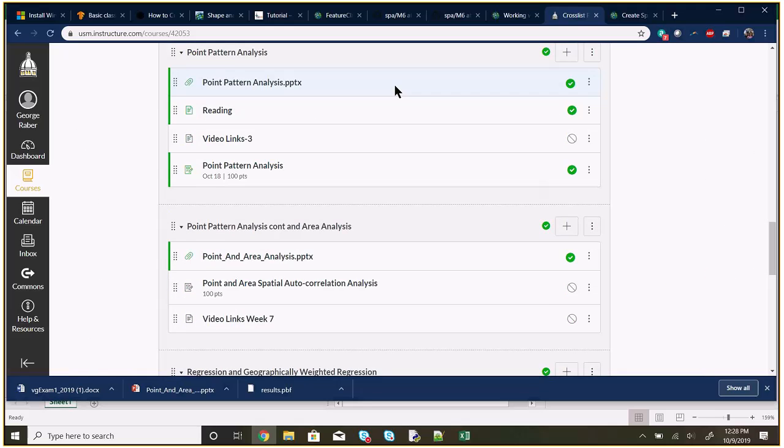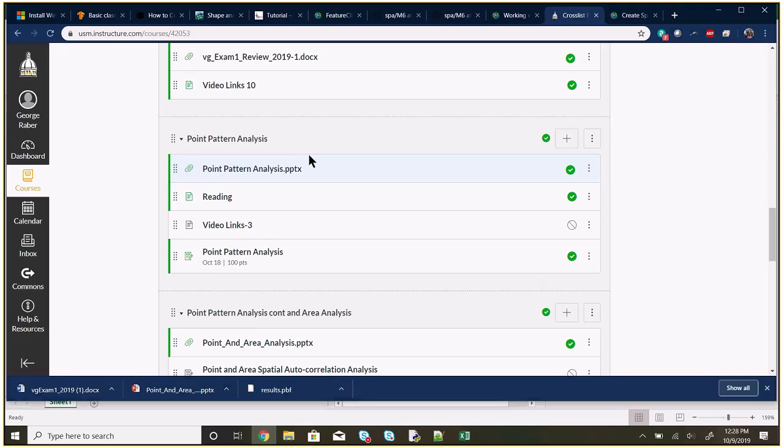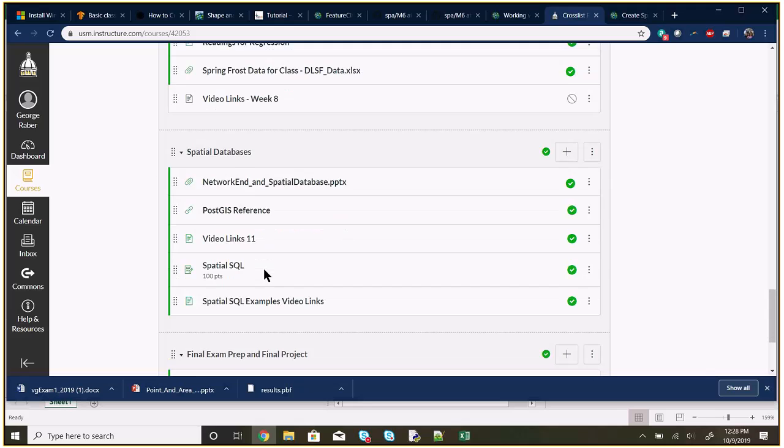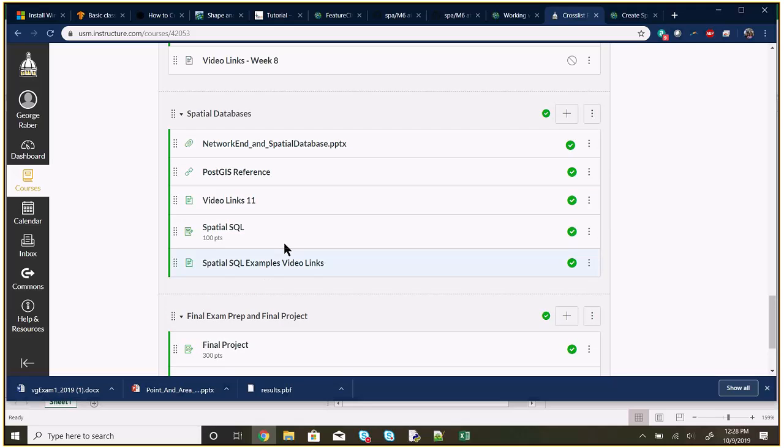Today we're going to start the pattern analysis portion of the course. I don't know if you guys paid attention to what I did here, but we used to have the network and spatial database lecture tied together. I still want to talk about spatial SQL, and it ties in really well with what we did in terms of spatial joins.